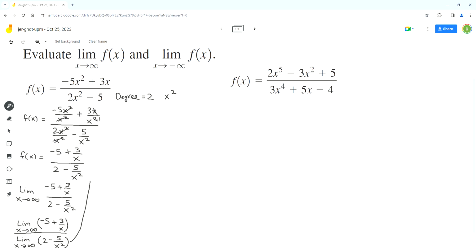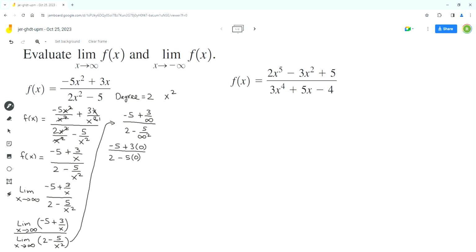Now we can continue on this side. We apply the limit, and we get negative 5 plus 3 over infinity in the numerator, and in the denominator we get 2 minus 5 over infinity squared. Now we know that 1 over infinity is equal to 0, so in the numerator we get negative 5 plus 3 times 0, over 2 minus, since infinity squared is also infinity, 5 times 0.